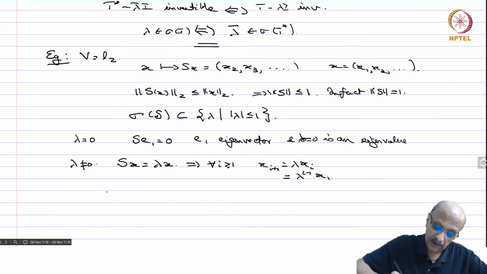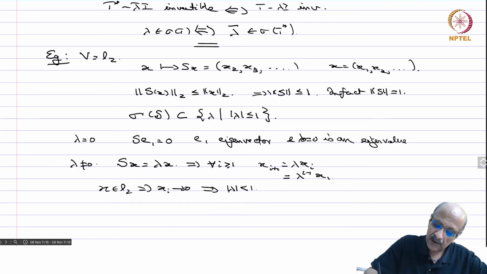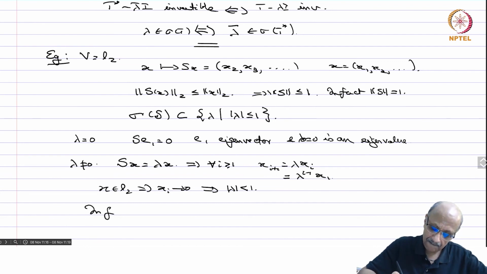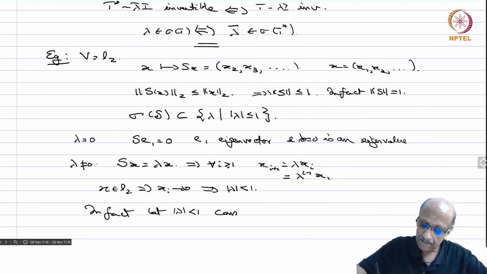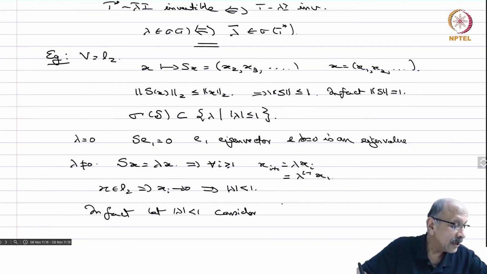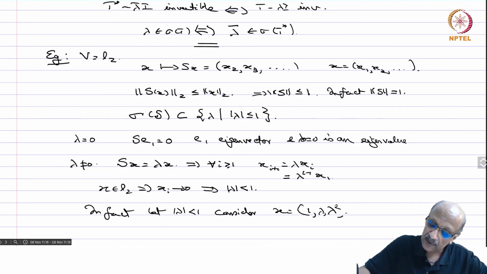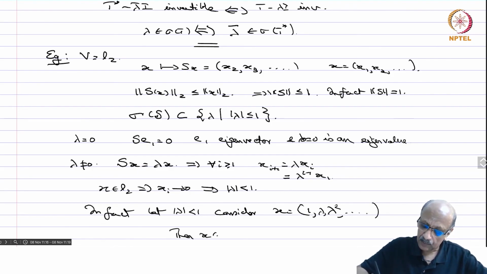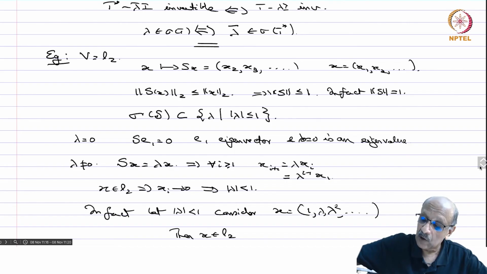and so inductively this will give you lambda to the i minus 1 times x1. Okay, but x belongs to l2, that means x_i tends to 0, and therefore this implies that mod lambda has to be strictly less than 1. Okay, in fact, let mod lambda be less than 1 and consider x equals the sequence 1, lambda, lambda square, etc. Now then x belongs to l2 because mod lambda is less than 1, you have a geometric series for the norm, so that is fine.